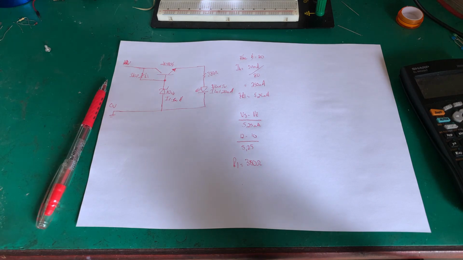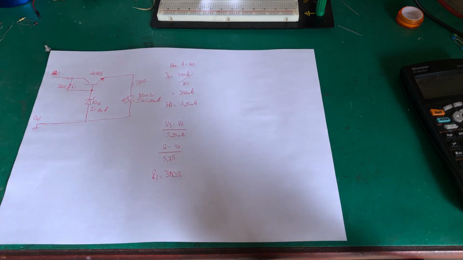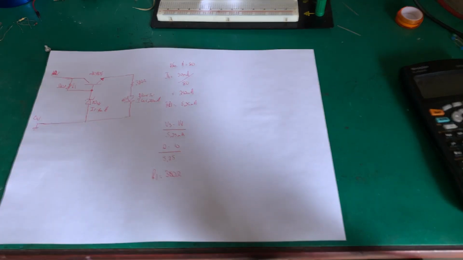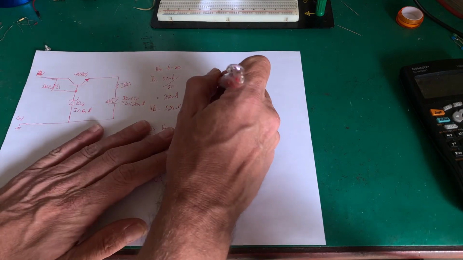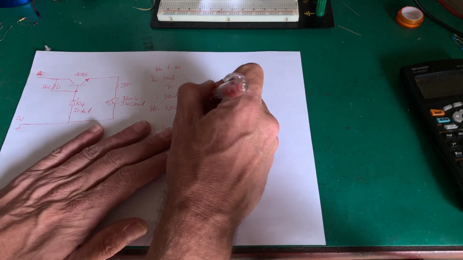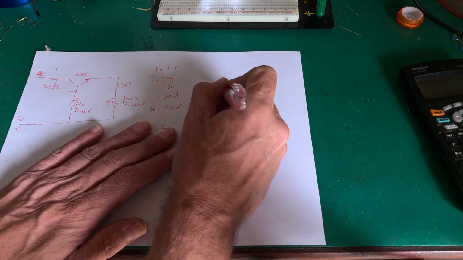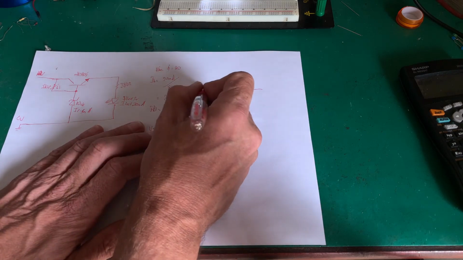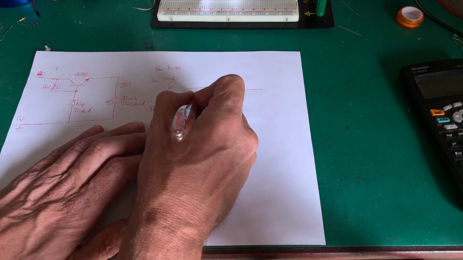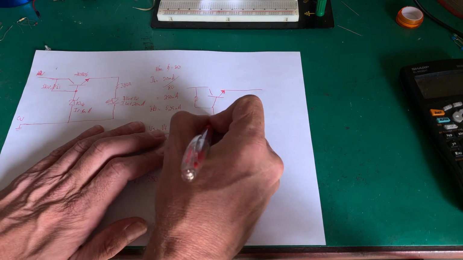So there is another way to skin this cat. We'll do both circuits. I'll just draw them first. So what happens if we did this? Same thing, transistor, NPN, to our base.